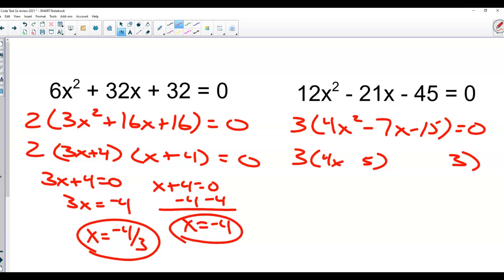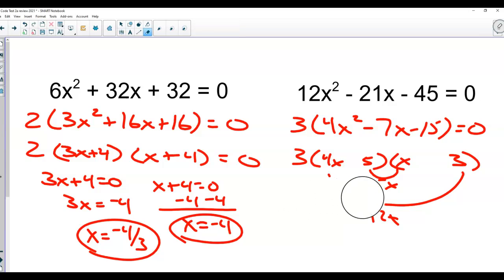Let's try 4x and x, because while 1 and 15 can work, it's usually the least likely one. Is there a way to get 12x and 5x to equal a negative 7x? Absolutely. If my 12 is negative and my 5 is positive, negative 12 and 5 is a negative 7x. There's my answer.